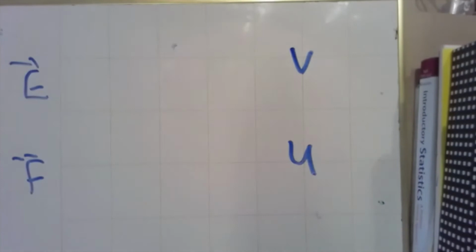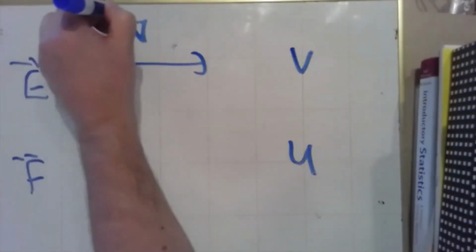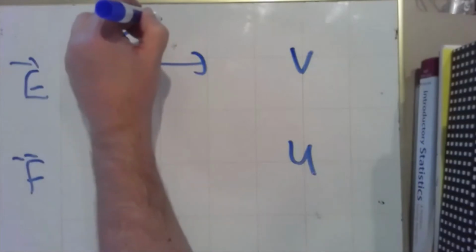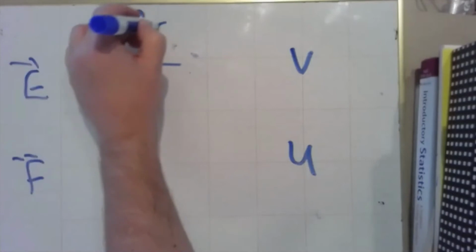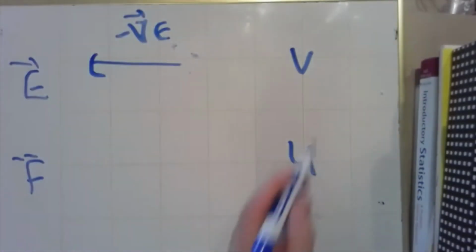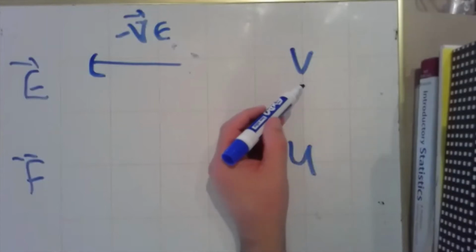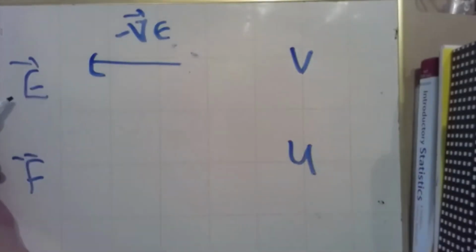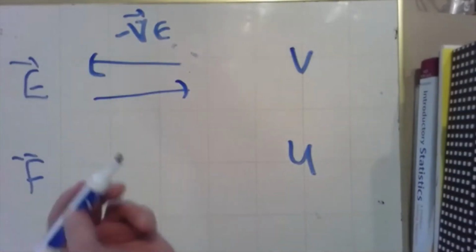So E is the negative gradient of V. I guess that's if I'm going this way. So if I have some scalar potential V, I take its gradient, throw in a negative for convenience, that gives me E. If I want to go backwards, I would integrate.